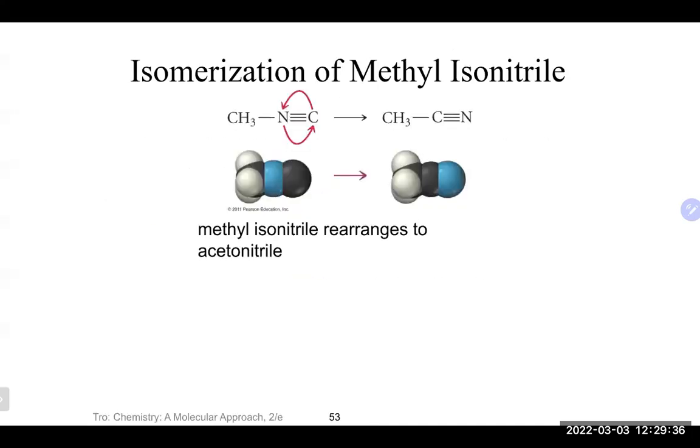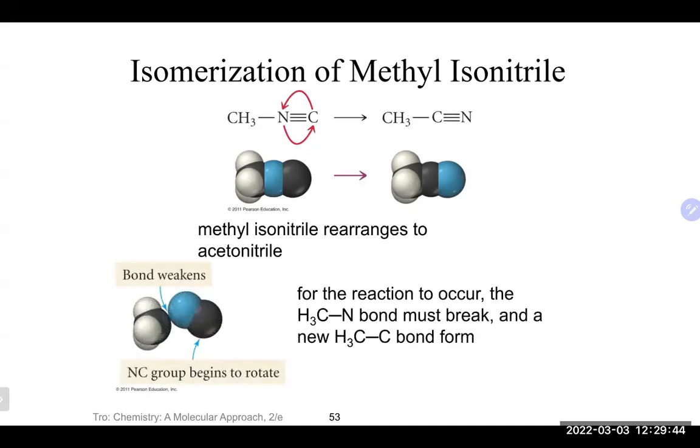Here's an example of a rearrangement, where nitrogen and carbon are really just switching sides. As this goes through, you can visualize it coming up the hill here. As it starts to do so, the bonds start to weaken, and this group starts to rotate so it can make the new bond.